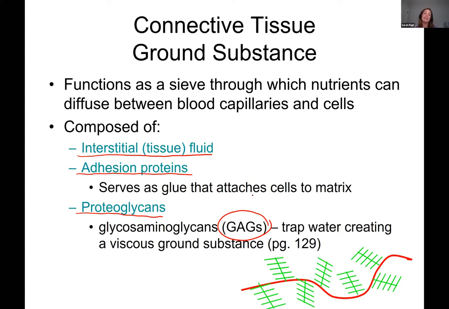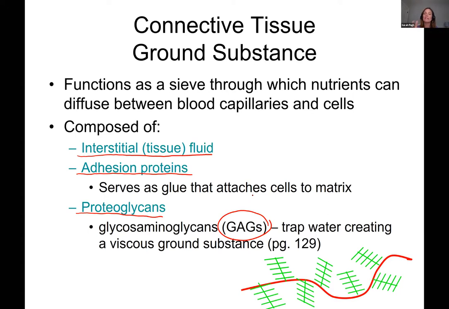So the fewer GAGs you have on a proteoglycan, the less water you can trap, and the more stiff the ground substance will be. So an example might be cartilage. The ground substance in cartilage has proteoglycans, and it has a certain number of GAGs in it. So cartilage does have some flexibility to it.